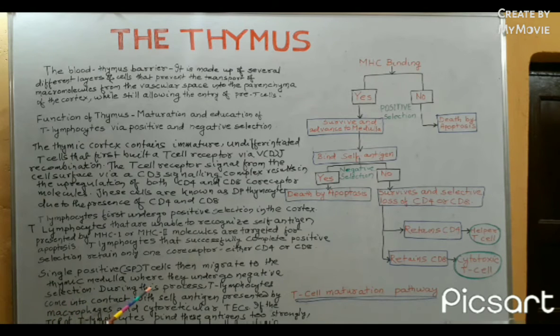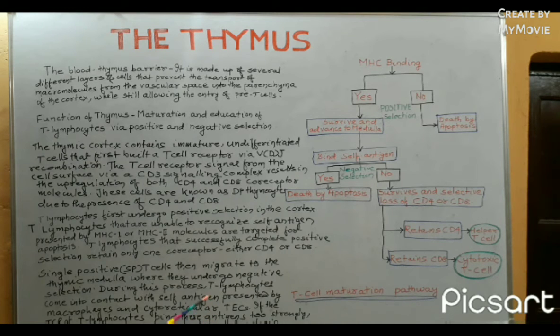In the process of negative selection, T lymphocytes come into contact with self-antigen presented by macrophages and cytoreticular thymic epithelial cells. If the T cell receptor of T lymphocytes binds these antigens too strongly, then the lymphocytes are targeted for apoptosis. So, the T lymphocytes which bind these antigens too strongly undergo programmed cell death.